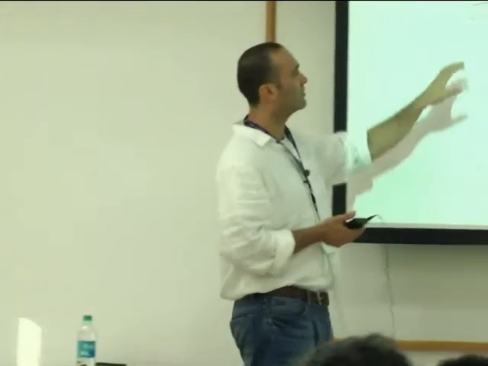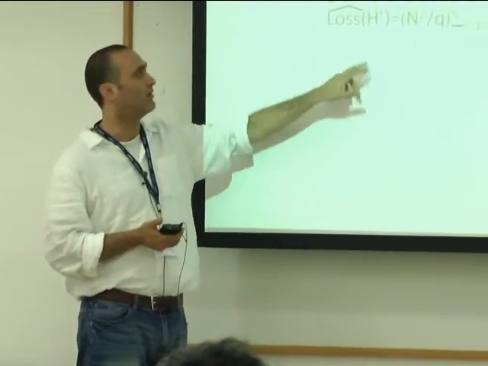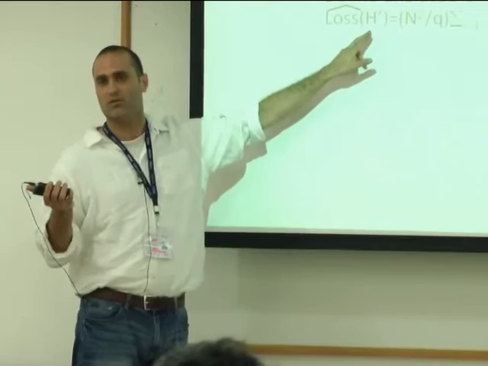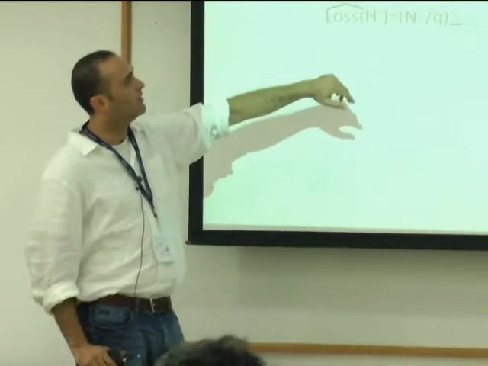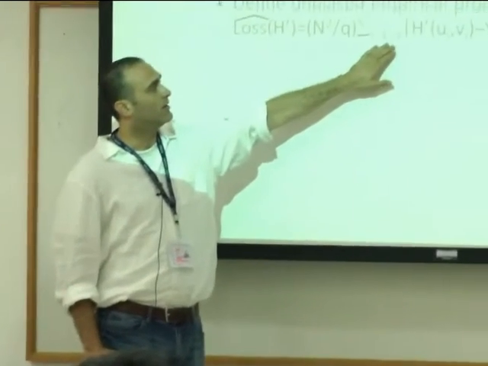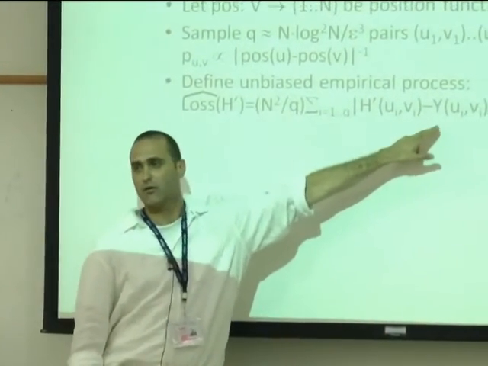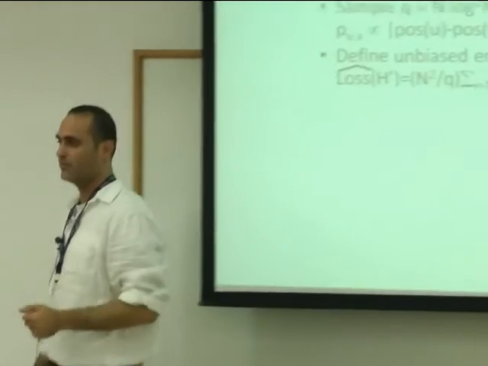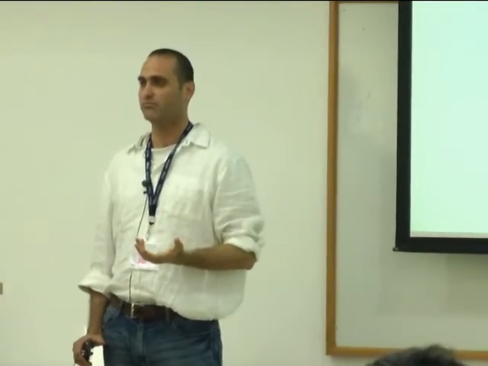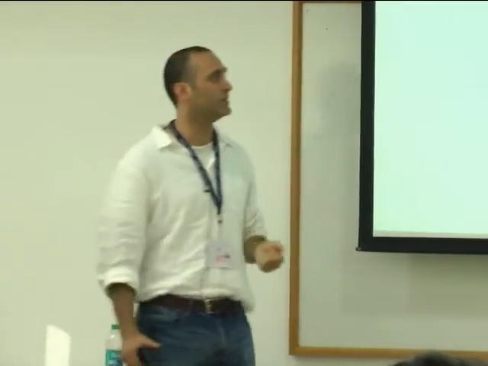Once I define such a distribution, I can define an empirical loss over this distribution. The loss, with this hat, of any other solution H prime is the sum of these mistakes over all the elements that I chose. Now I need to do some kind of unbiasing, because I chose them with different probabilities.